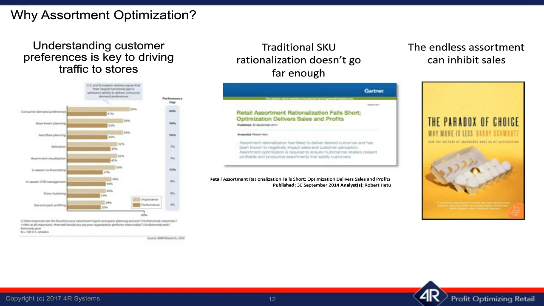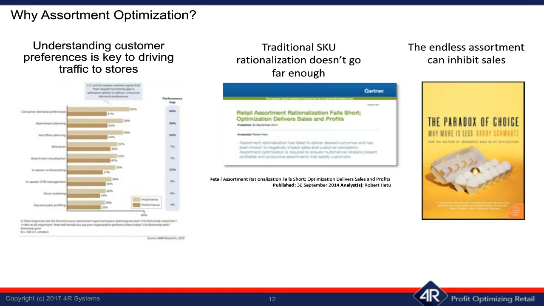The second part, which is interesting as well, is that reports, and the one that we're looking at in the center is a Gartner report, show that traditional SKU rationalization, meaning process-based tools or size-based clusters, don't go far enough, and that you do need to look at big data and optimization to do that.